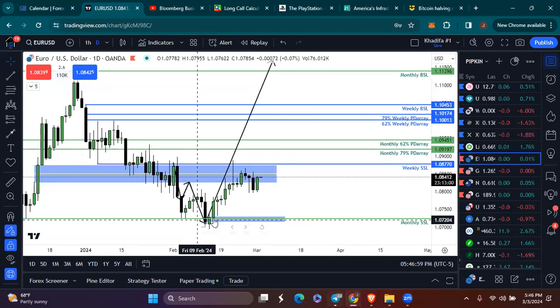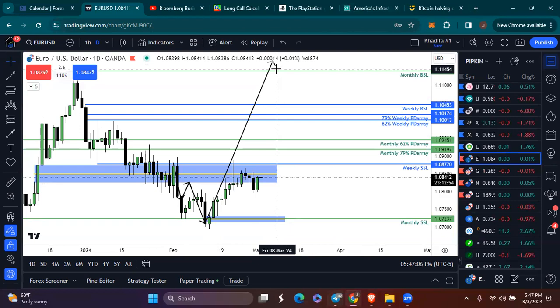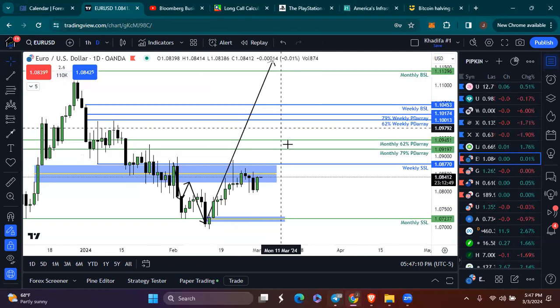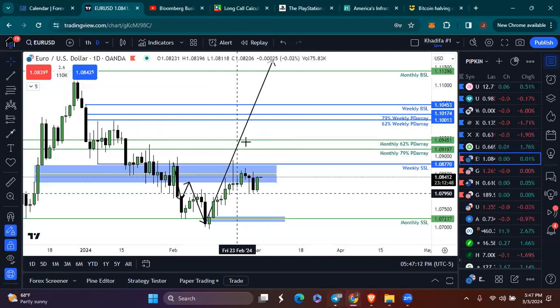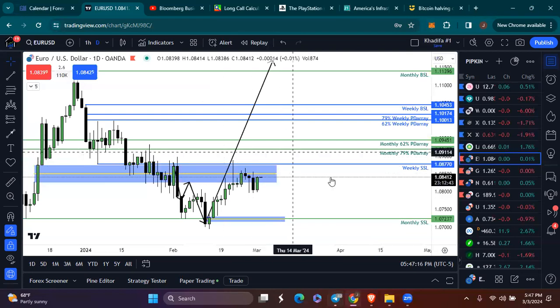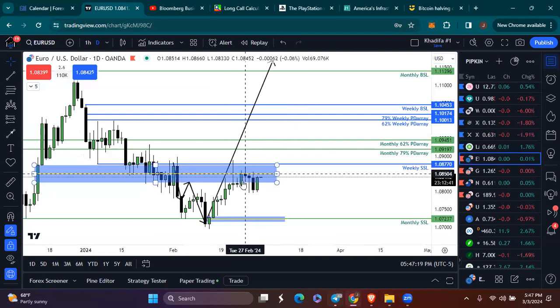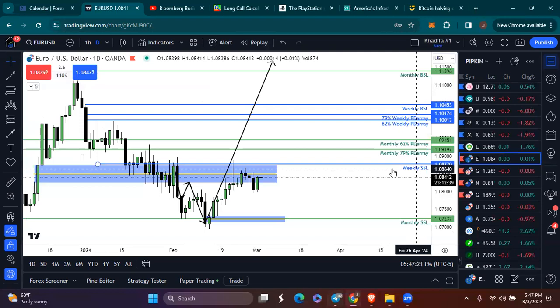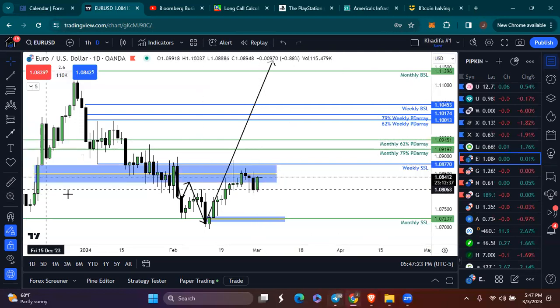And I had this drawn out for you guys for a while as well, showing you which direction I think Euro USD is pushing in. I don't have it drawn out like the dollar as far as all the pullbacks, but you can pretty much determine that for yourself. We should push above this weekly sell side liquidity.